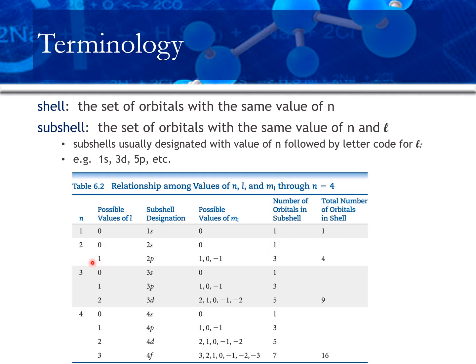But if L is 1, m sub L can be 1, 0, or minus 1, which leads to three different combinations of our quantum numbers, namely 2, 1, 1, 2, 1, 0, and 2, 1, minus 1, each one of which describes a separate, distinct orbital. So if we add 1 plus 3, we get 4 orbitals in this shell. And hopefully you can work out for yourself where the rest of this table comes from, following those sorts of principles.